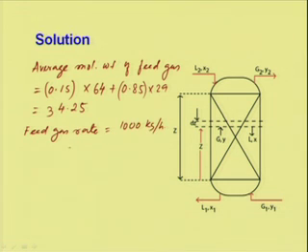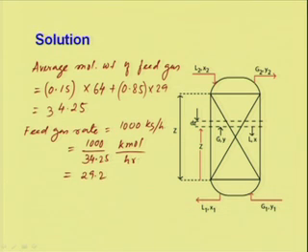We will convert it to kilomole per hour, which will be 1000 divided by 34.25 kmol per hour, which is equal to 29.2 kmol per hour, and this we can define as G1.